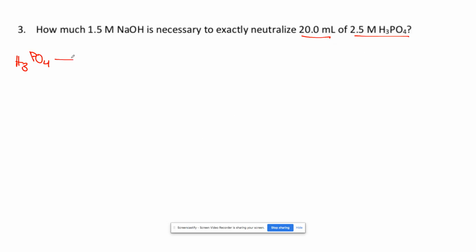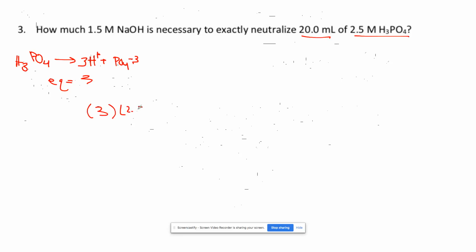The equivalence will be 3. Just prove it. Show me. 3 H pluses and 3 minus. So the equivalence of that would be a 3. So equivalence times molarity of the acid times volume of the acid equals. Now let's talk base.